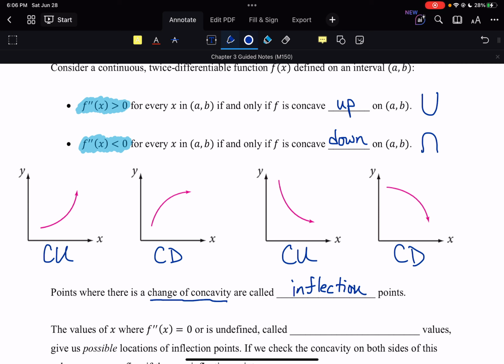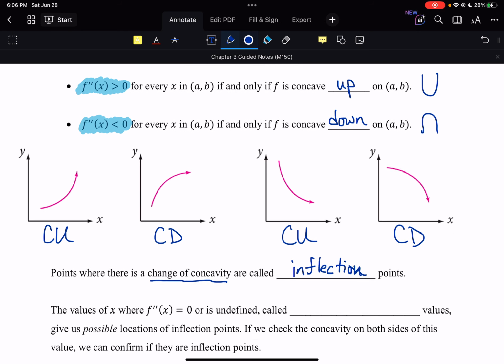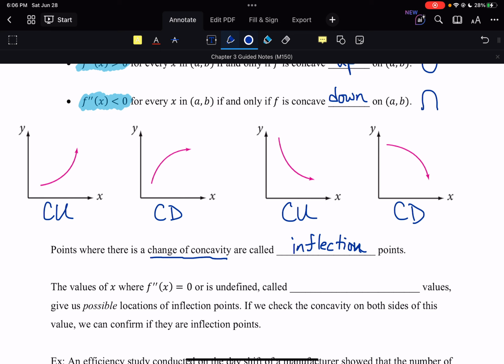And we can find inflection points using a similar technique to what we saw with the first derivative test in our previous section. So we take values where the second derivative, f double prime, is equal to 0 or undefined. And these are not called critical values like we saw in the last section.